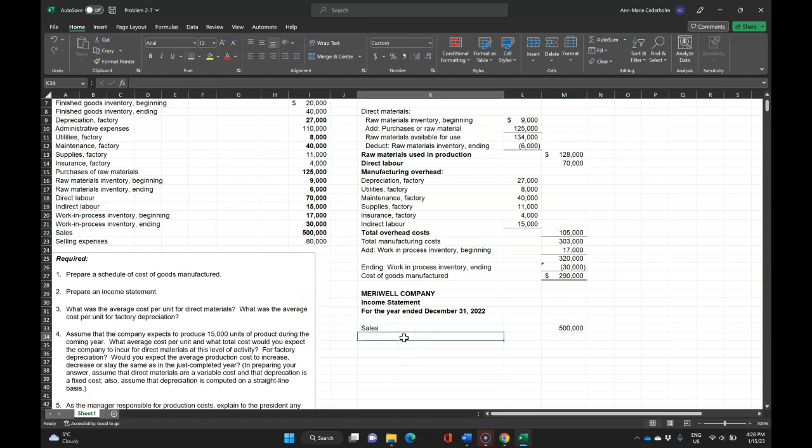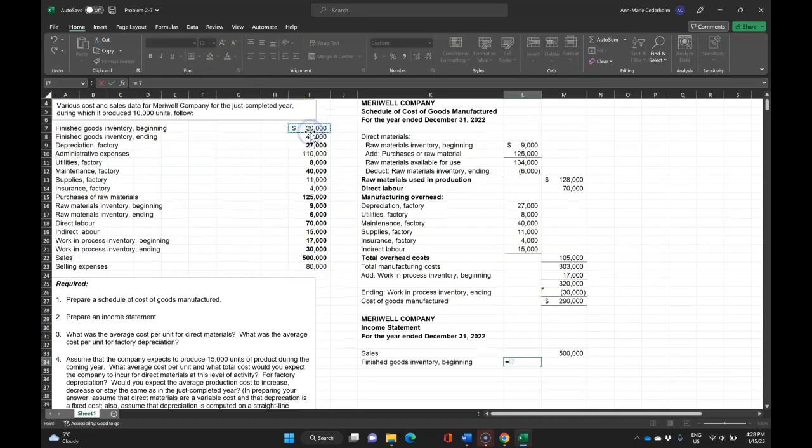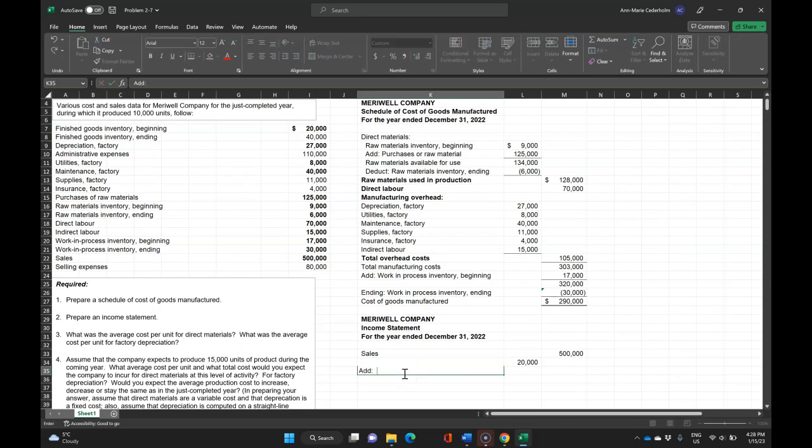And now we have to figure out what our costs of goods sold are. So we can start off with our finished goods inventory at the beginning. So this is how much we completed, but we didn't sell. Well, let's see here. So that's that number there, the 20,000. And now if we add in what we completed this period, that's the cost of goods manufactured. And we'll just grab it from this schedule up here, the 290.